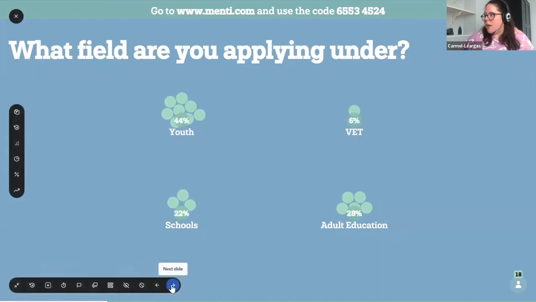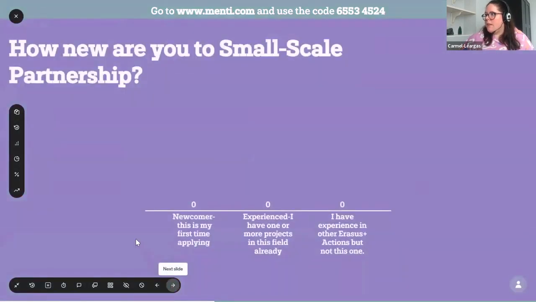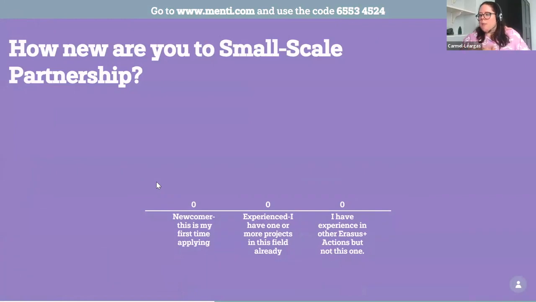The last question for now is, how new are you to small scale partnerships? Are you a newcomer? Is this your first time applying, hoping to apply in the October deadline? Do you have experience in other projects in this field already, or experience in other actions before, but not this one? Okay, great. A bit of a mixed bag here.